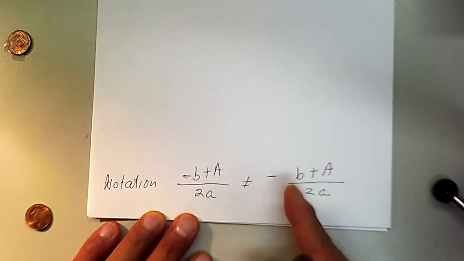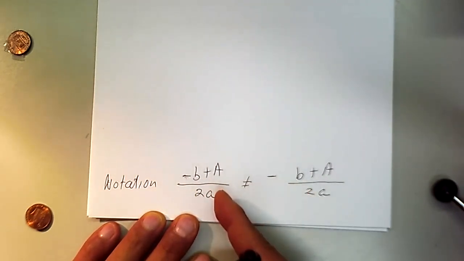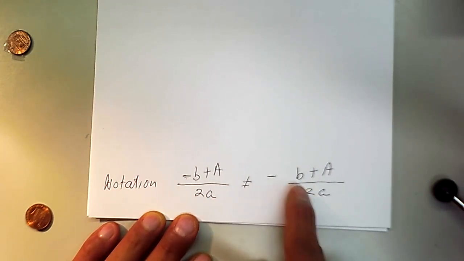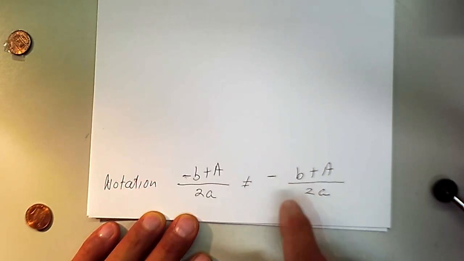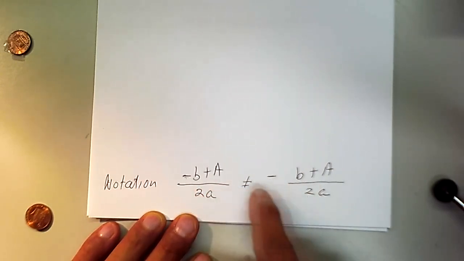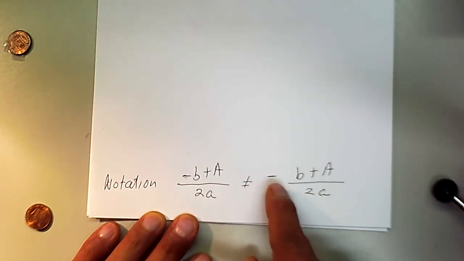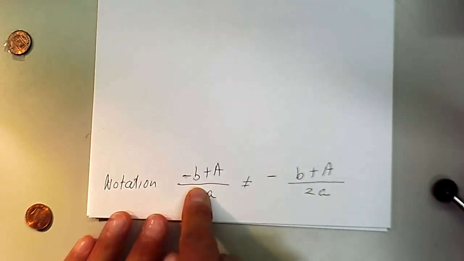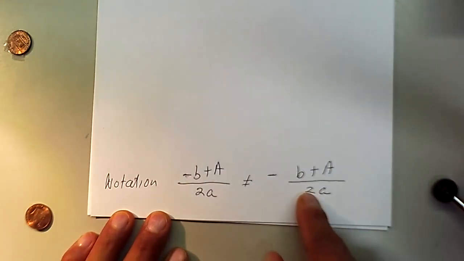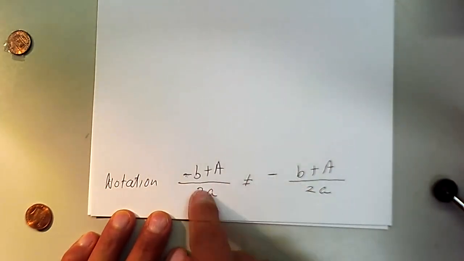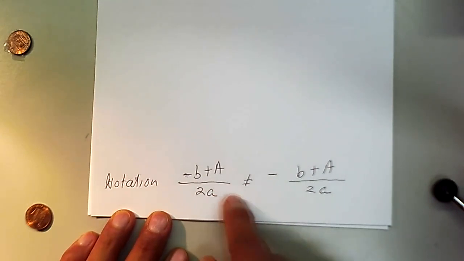This negative, because it is sitting outside of the fraction, is affecting the entire fraction. Okay, so those two are not the same, and it is a big deal to write things incorrectly. If we mean to put this down, that will be incorrect. If we meant to do this, then that will be incorrect.